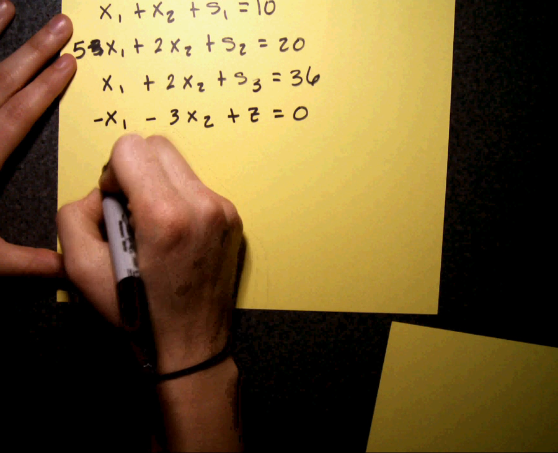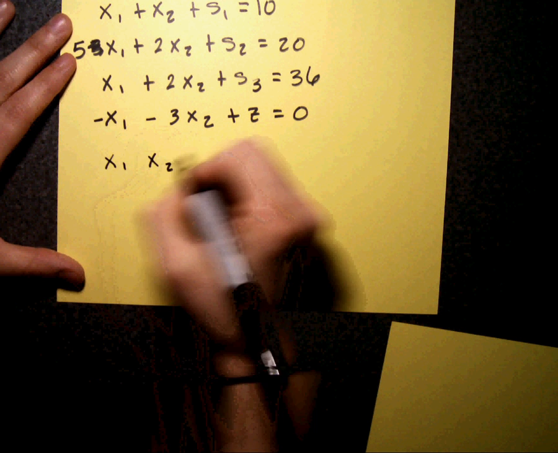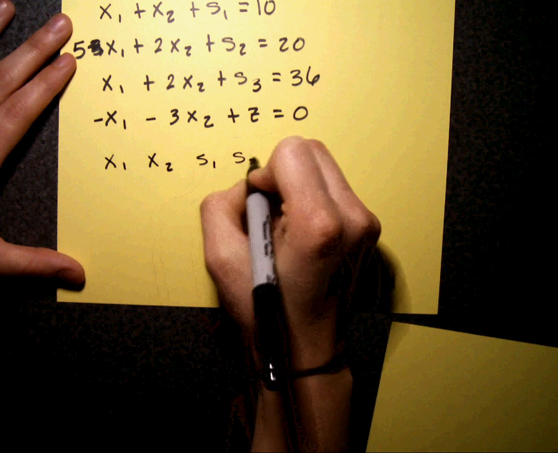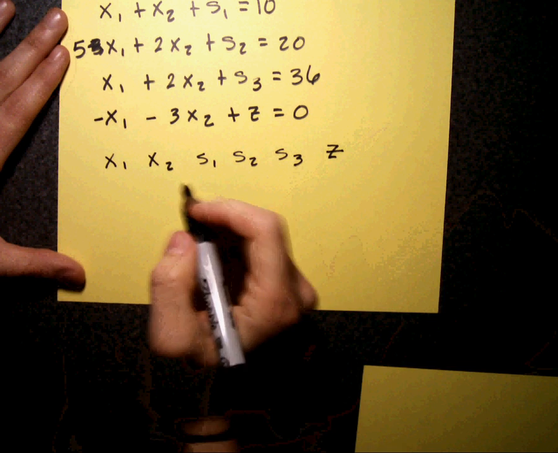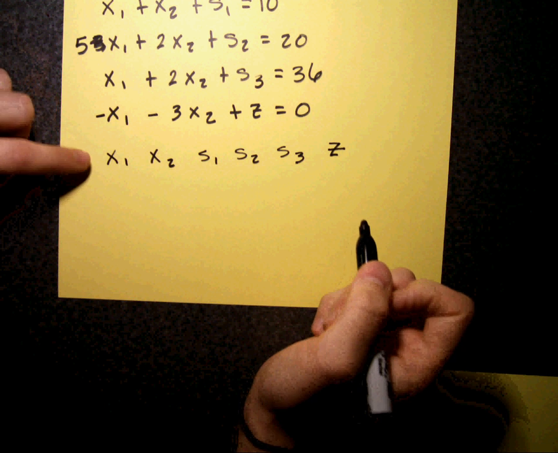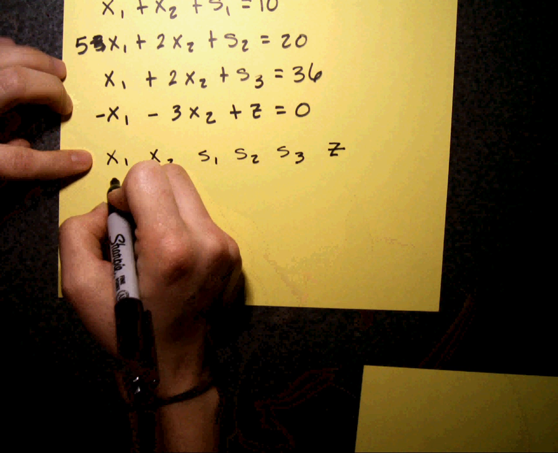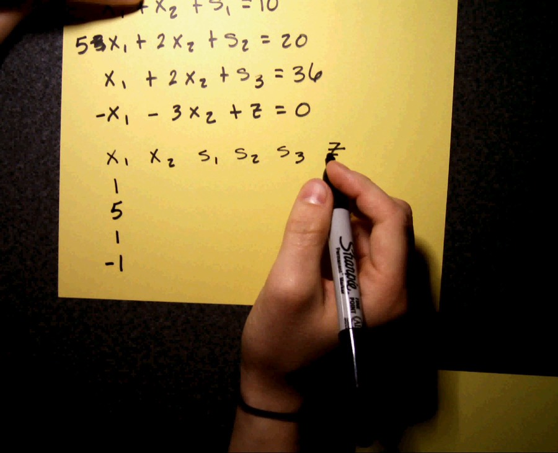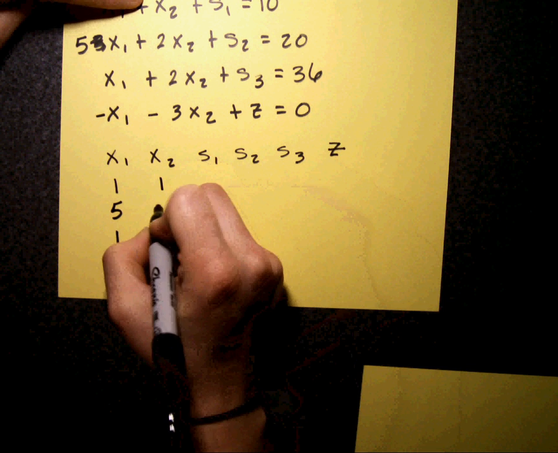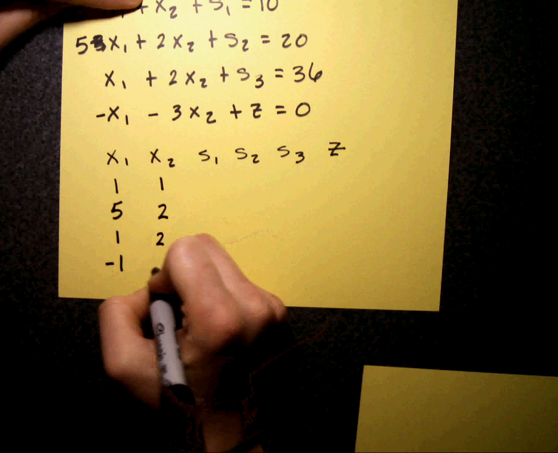So, listing out all my variables, x sub 1, x sub 2, so for my x sub 1s, I'm going to have 1, 5, 1, negative 1. X sub 2, I'll have 1, 2, 2, and negative 3.